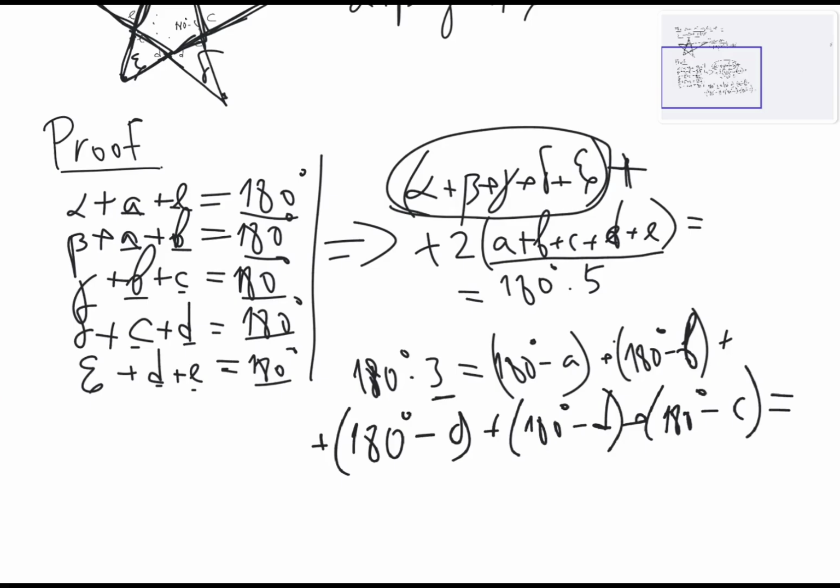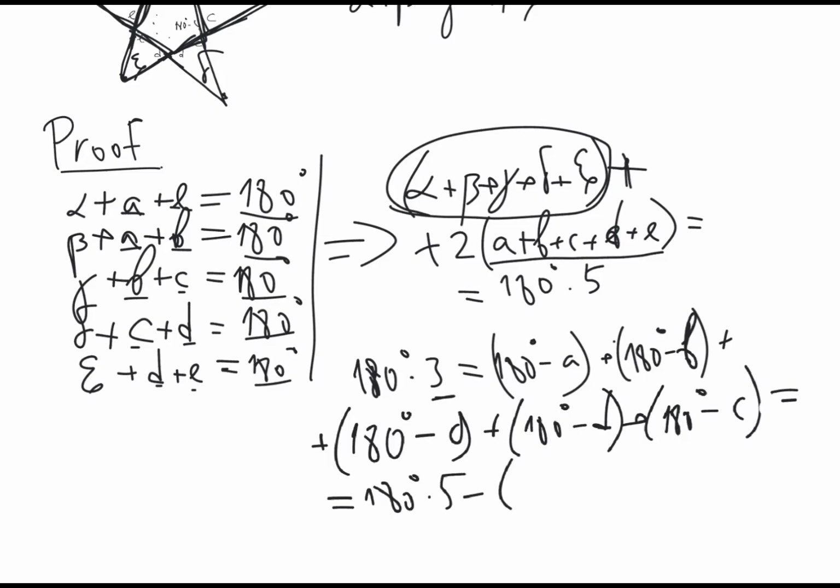And so, from this we conclude that, let's simplify the right hand side. This would be equal to 180 degrees multiplied by 5 minus A plus B plus C plus D plus E, right?